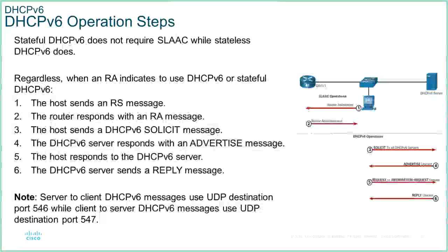Okay, so DHCPv6 operation steps in a stateful environment. Stateful does not require SLAAC, while stateless does. The way this works is when the host sends the router solicitation message out, the router responds with a router advertisement message, which basically tells it that the DHCP server is located at this address, and it sends a solicit message to the DHCP server.